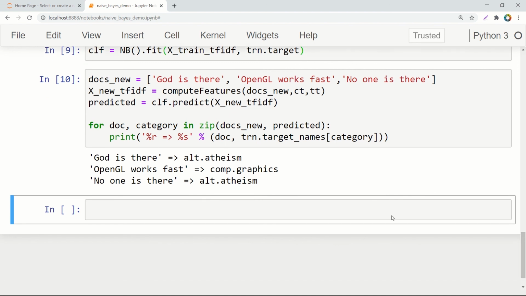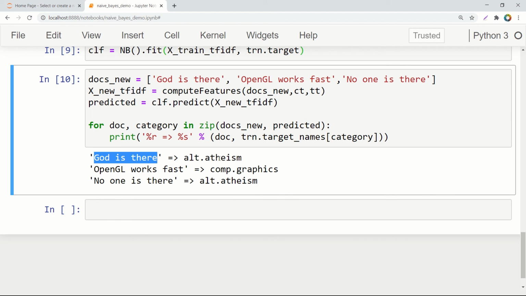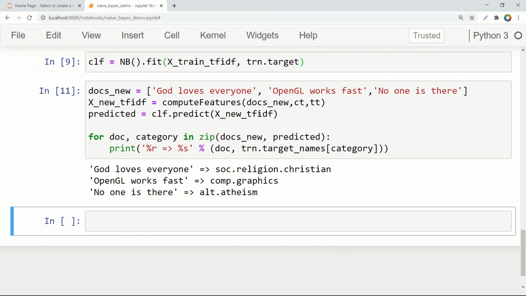So as you can see here, for God is there, naive Bayes came up with the topic atheism. Maybe it is religion, but it turns out to be atheism. OpenGL works fast, that is computer graphics. No one is there, that is again atheism. If we say, for example, God loves everyone, that may turn out to be religion.